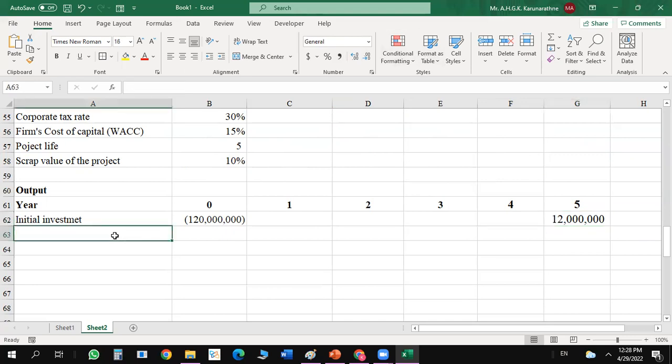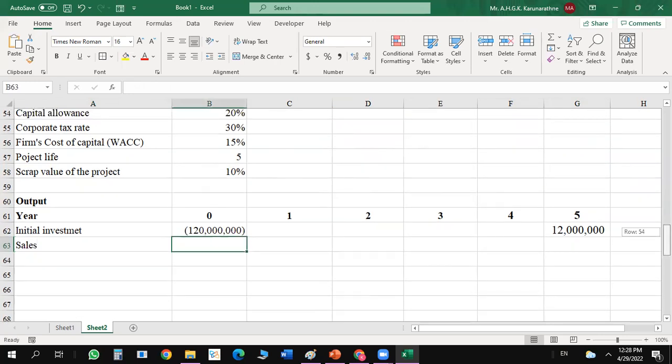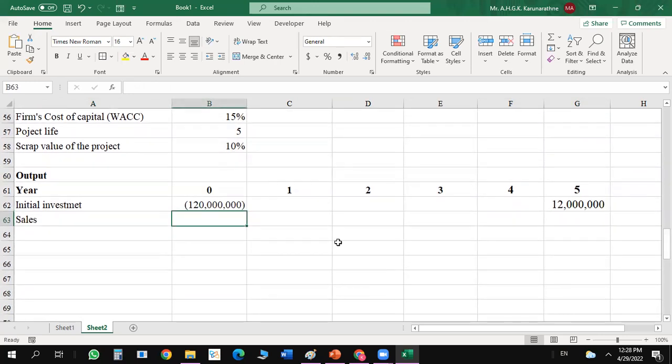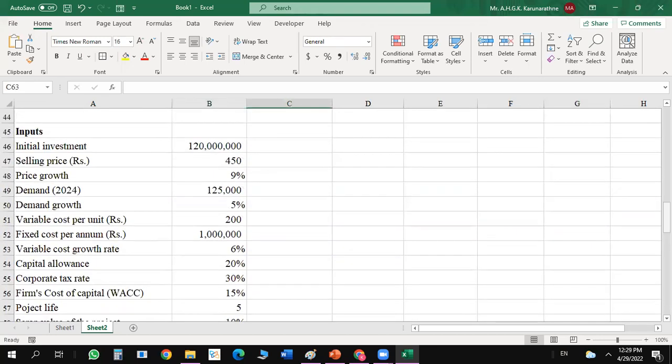Then we have sales income. For year 0 we don't have sales. For year 1 we have sales. It is said 2024, that means the coming months, the first year sales: 125,000 is the quantity, times the price, 450.